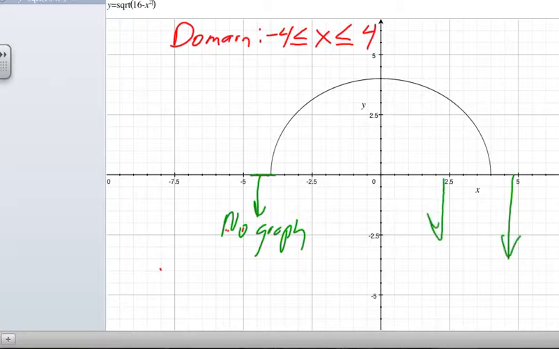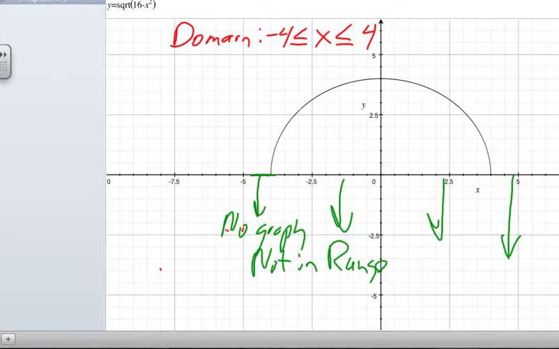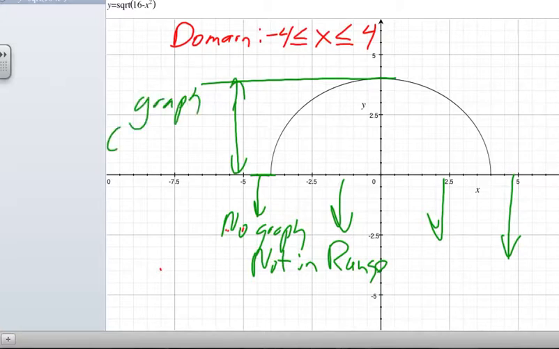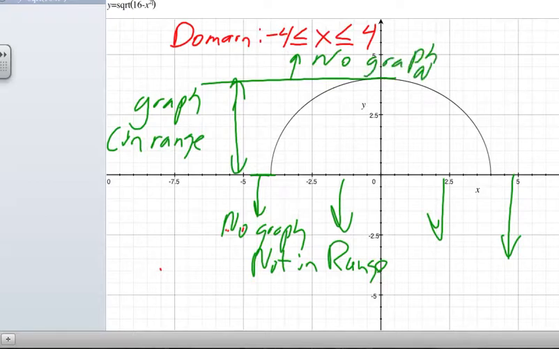No graph means not in range. Between here and here, I have a graph. That means it's in range. Above here, no graph. Not in range.